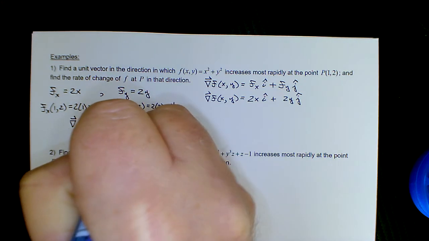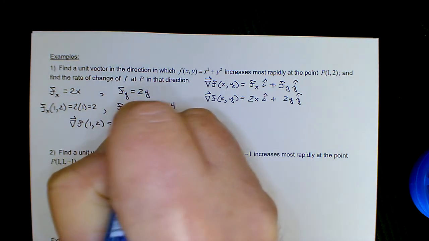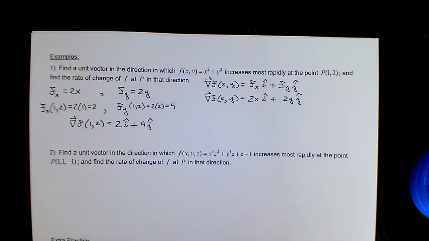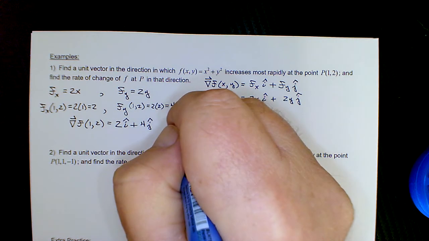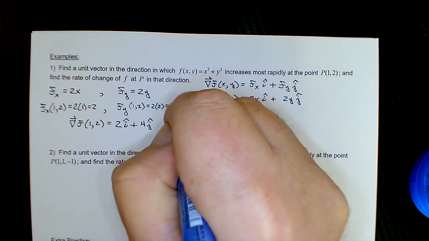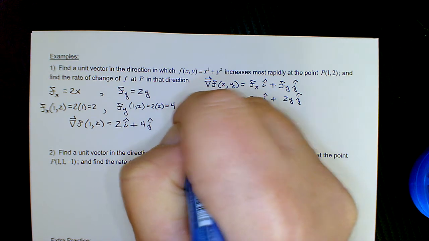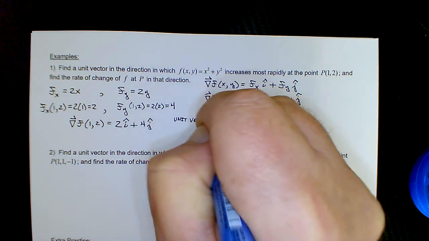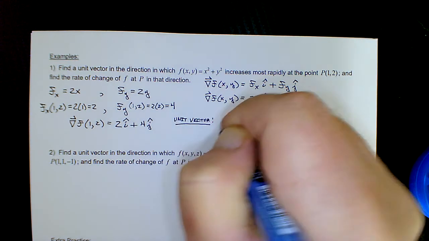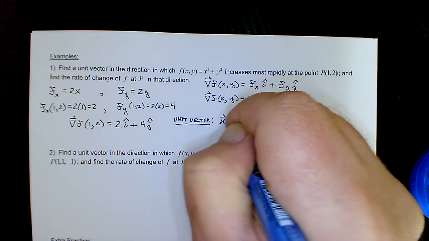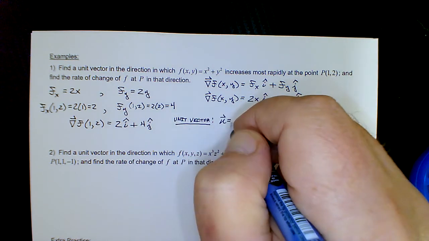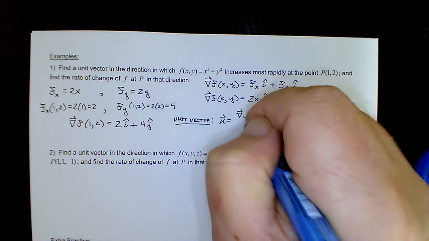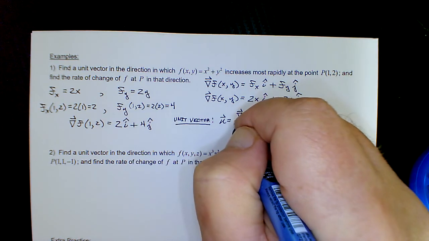And if we want the unit vector, you don't have to really write out a formula for it, but if you wanted to, it is the gradient of f, because that's going to be a vector, divided by its magnitude.